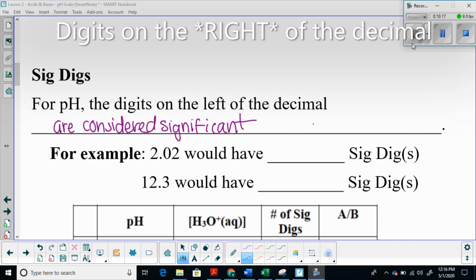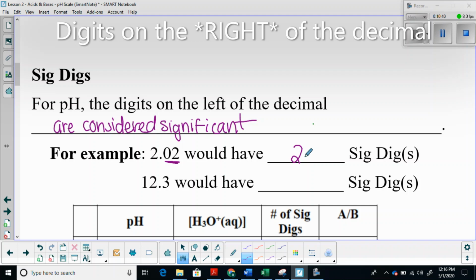So what I mean when I say that the digits on the left of the decimal are considered significant when it comes to pH, this is what I mean. Say we have our answer 2.02. We are only looking at these digits here to be considered our significant digits. So this number would actually have 2 significant digits.